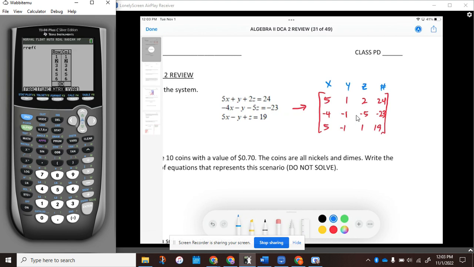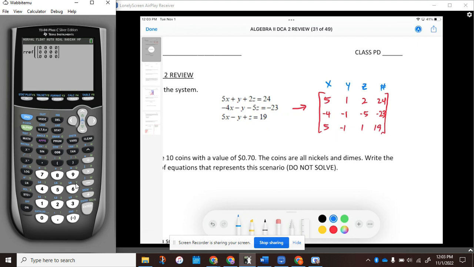And we need to know how many rows are in this matrix. How many horizontal rows do we have? There's 3 rows. And how many columns? 4. Okay, so we're just going to scroll and select that. 3 and 4.